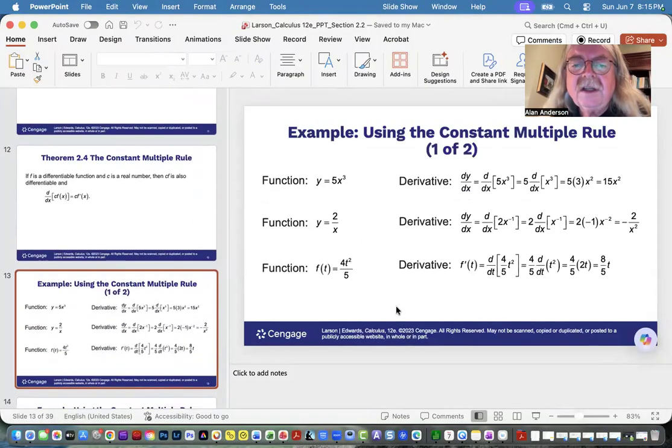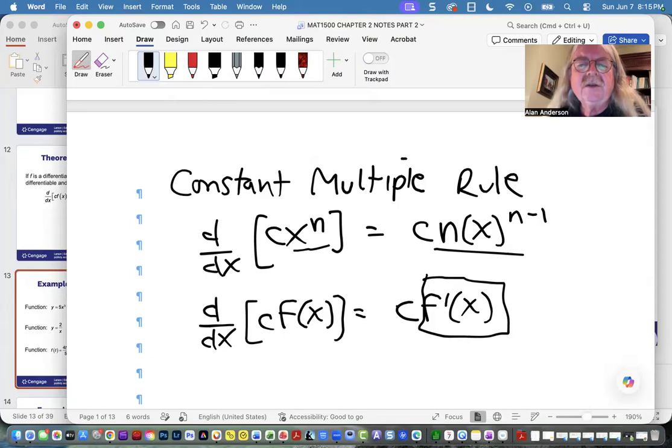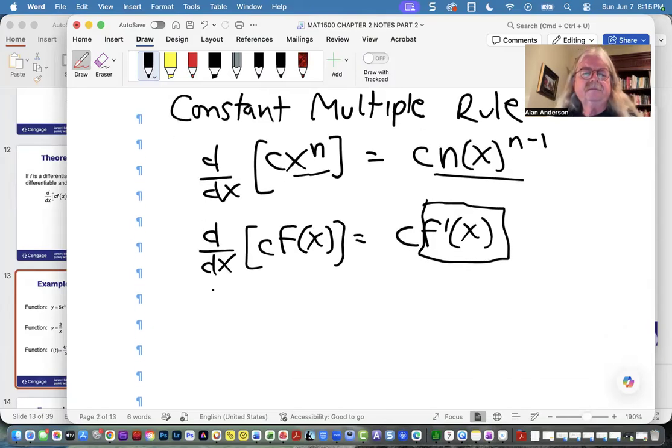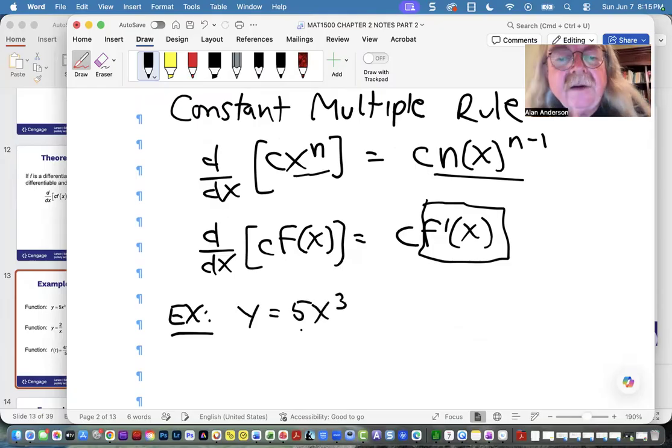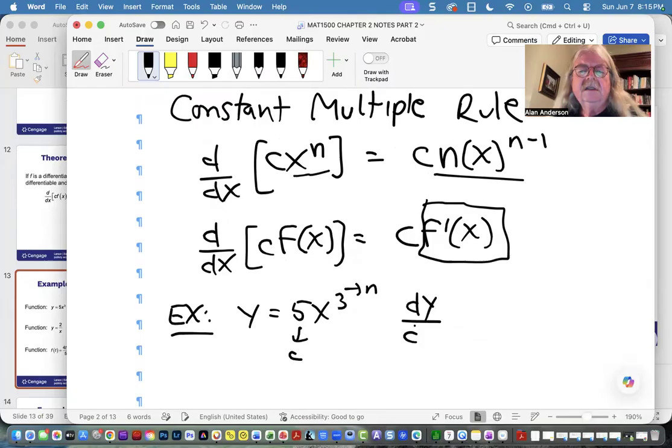So let's try this one. Y equals 5x cubed. So now here's our constant, here's our n. So according to this rule, we're going to have c, n, x to the n minus 1.